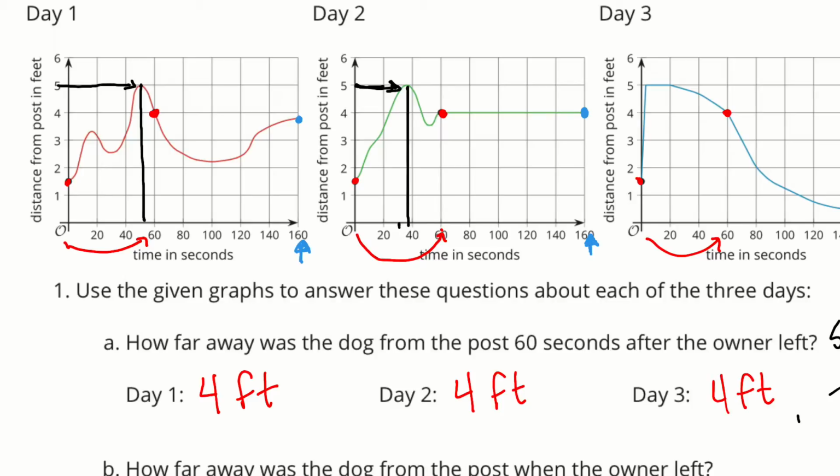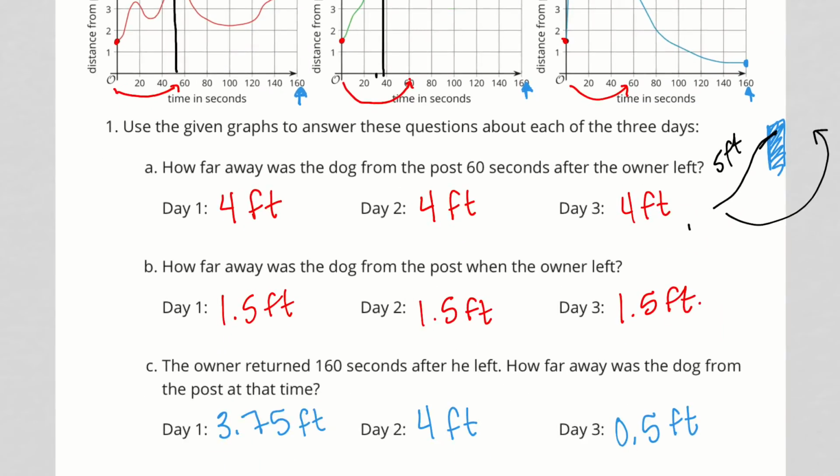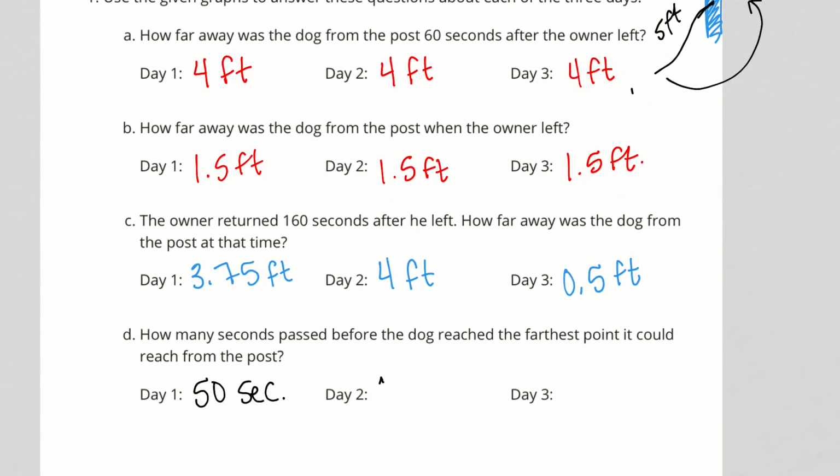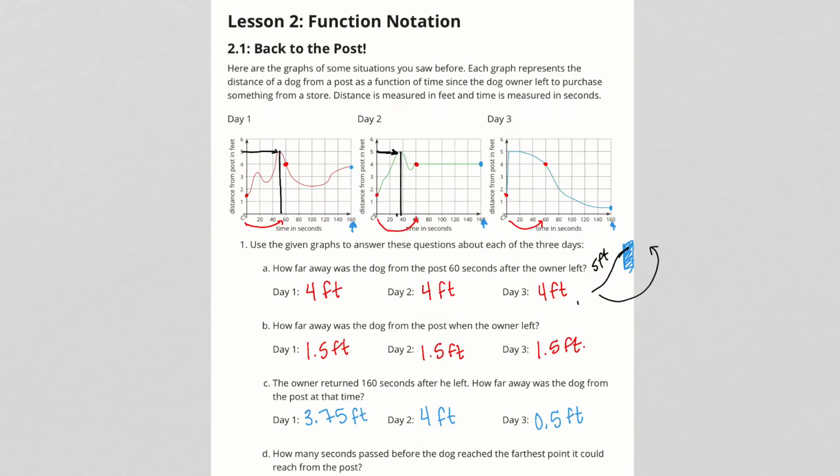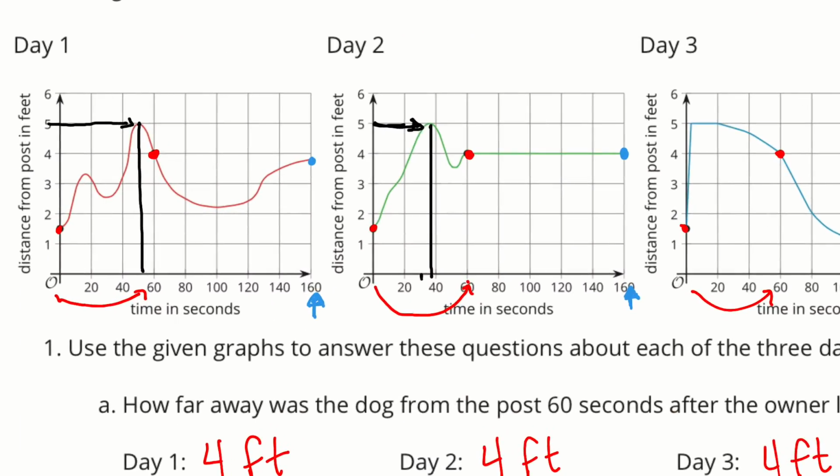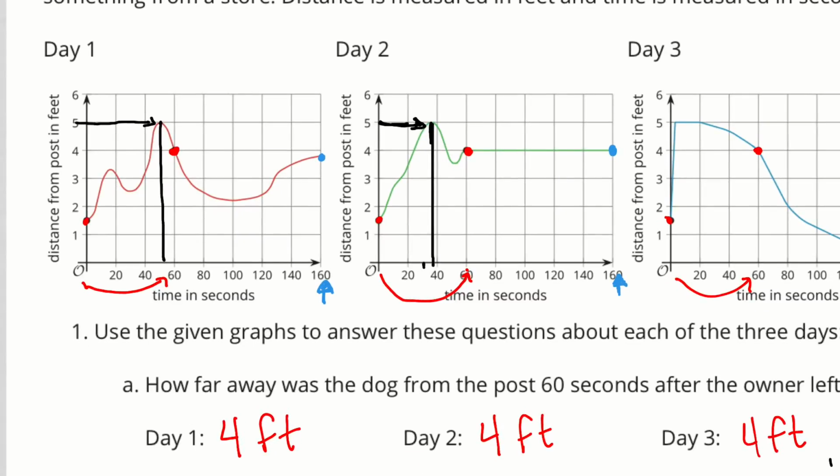I think somewhere between 35 and 39 is probably good. I'm going to go ahead and say 35 seconds because I may be slightly off on my line there. It could be closer to over here. So I'm just going to say 35 on that one.